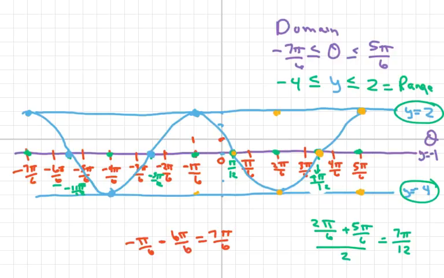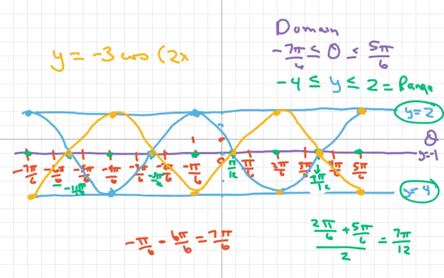I'm just flipping the highs and the lows, the mins and maxes. And when I draw this, that would be the negative part, the reflection. So that would be y equals negative 3 cosine of 2x plus pi over 3 minus 1. And if you notice, the domain and range stay the same.